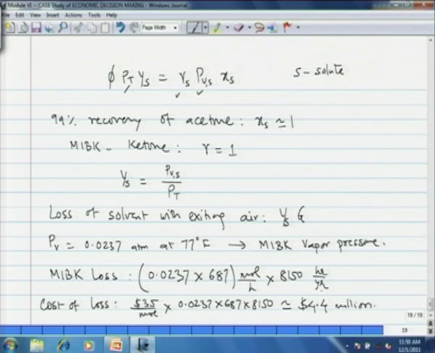Now, if you compare the loss of solvent with exiting air, which cannot be reduced, it can be reduced only by decreasing the vapor pressure of the solvent or reducing the temperature of the absorber, which is of course quite expensive. Okay. So, the loss itself is about $4.4 million. We estimated the economic potential of the process in the previous lecture as something like $1.4 million if we recover all of the acetone that is exiting.